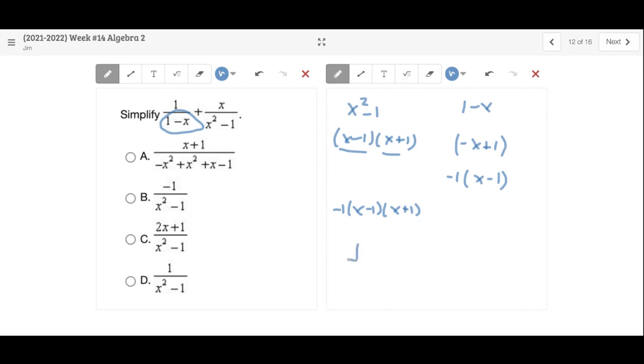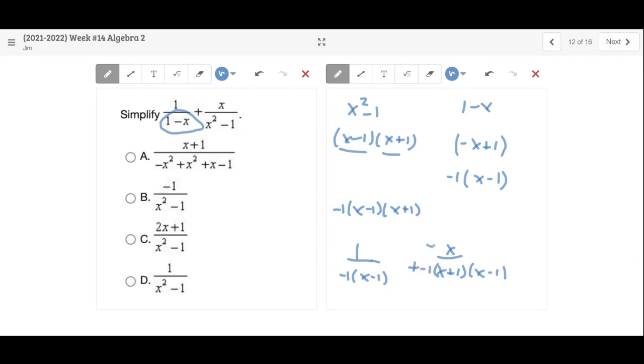So this is my problem, and I'm going to rewrite the 1 minus x as negative 1 times x minus 1, because I factored out a negative 1 there, plus, and then here I have x plus 1, x minus 1. So my common denominator is negative 1, x minus 1, x plus 1. So this one, I'm missing a negative 1.